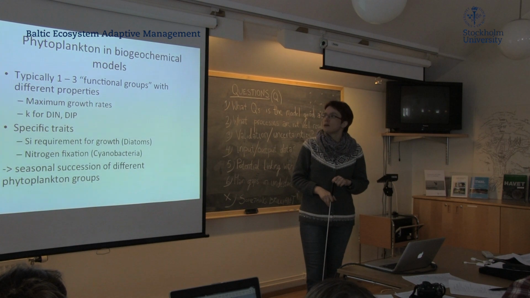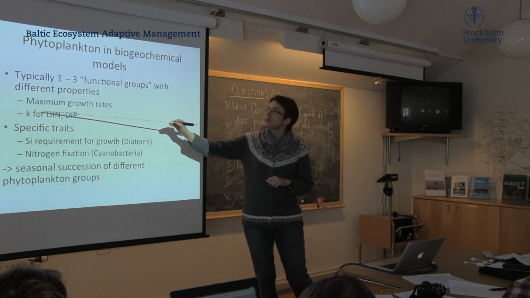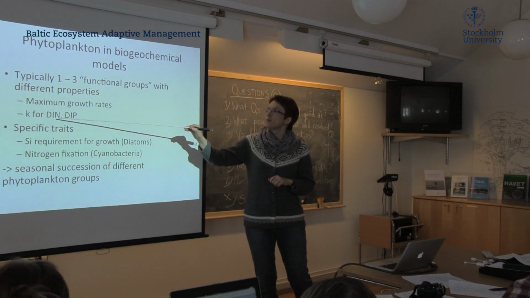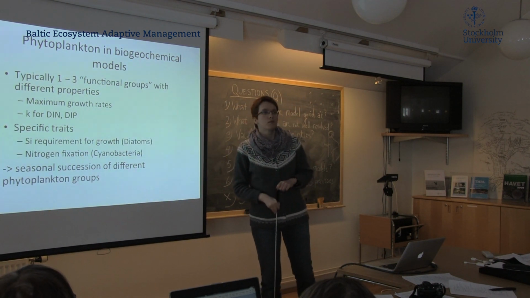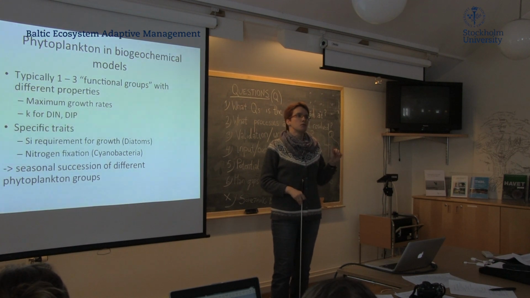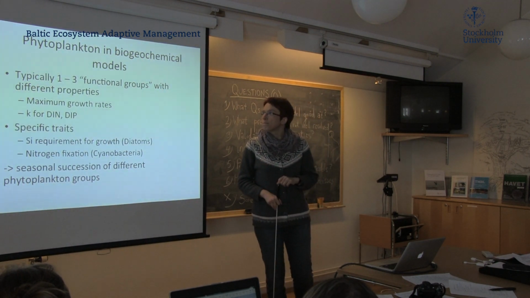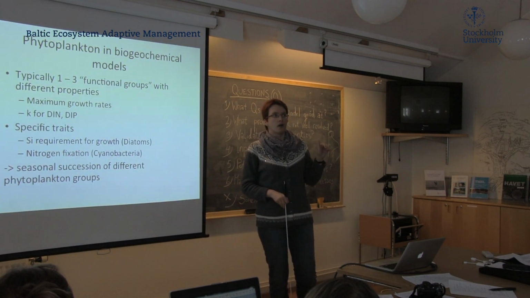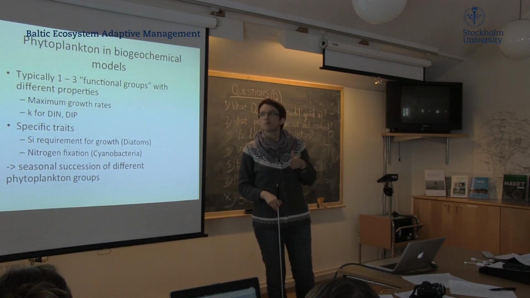Growth rates differ seasonally, and they usually have different affinity for nutrients, so they might be very efficient at taking up, especially phosphorus. So those are groups that are adapted for growth during summer when the nutrient concentrations are low. And this is a way you can model a seasonal succession of phytoplankton groups.